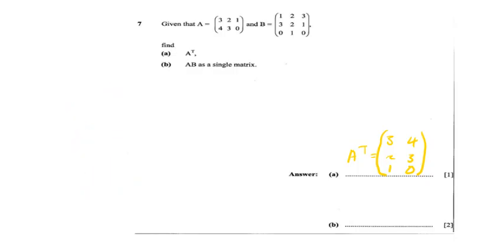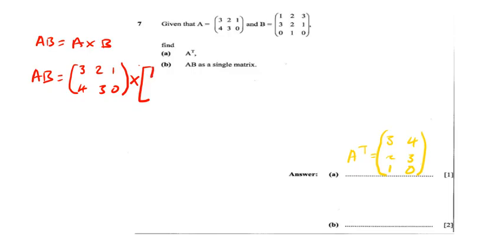Now you have to understand this. They have said AB as a single fraction. So as you can see from AB there, at this point it is just A multiplied by B. So you say AB will be equal to 3, 2, 1, our matrix A, 4, 3, 0, multiplied by, you can even show the multiplication there, 1, 2, 3, 3, 2, 1, 0, 1, 0, like that.